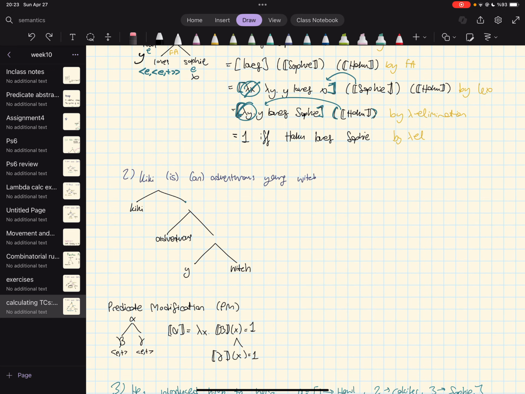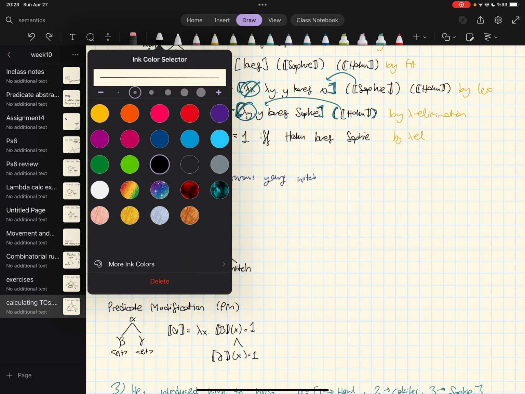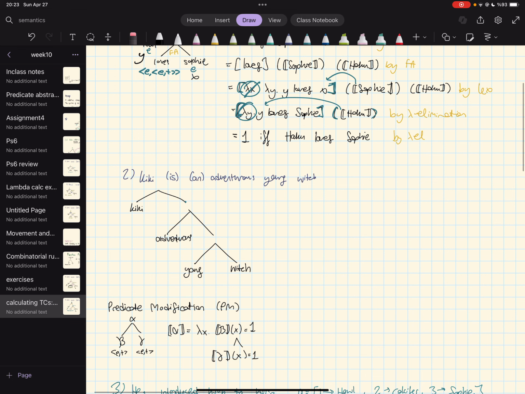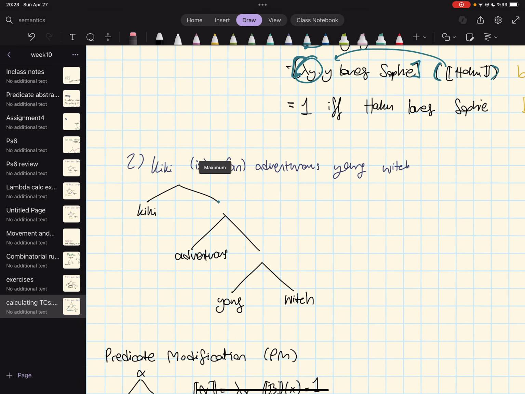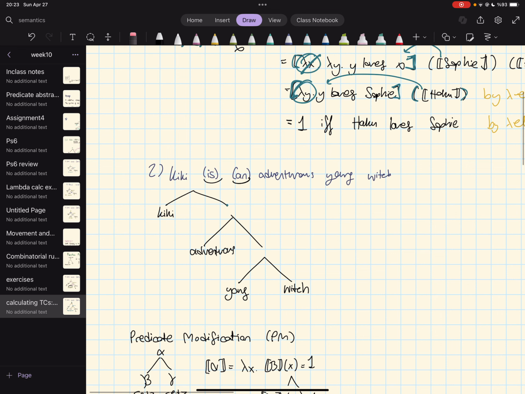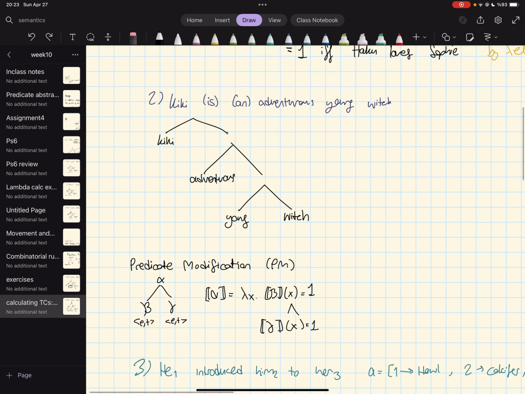Our next example will be: Kiki is an adventurous young witch. Here's the logical form. For this sentence, you see that is and an are in brackets, and the reason for that is because I am not including them in my logical form. I'm also not including them in my semantic solution, because they're only there to serve a grammatical purpose.